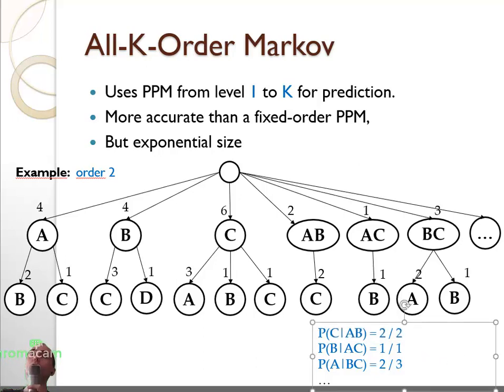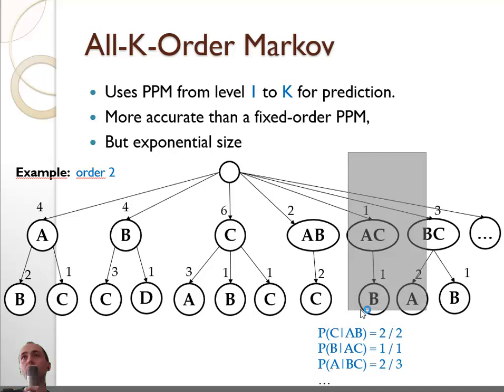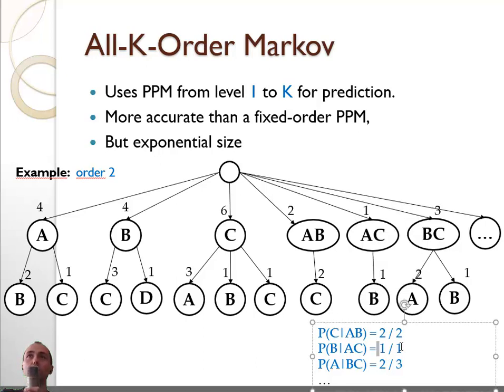Now I want to calculate the probability that B follows AC. In the same way, I will divide the 1 of B following AC by 1 here, so it will give a 100% chance, and so on.